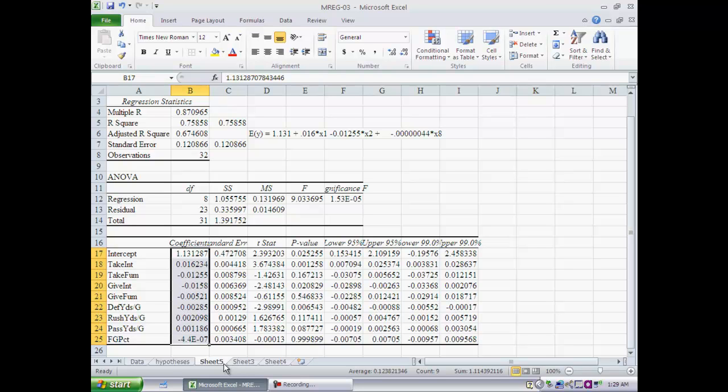So in the prior video clip, the one just before this one, we had investigated what the estimated coefficients from the regression meant, how they were interpreted, and the estimated equation.